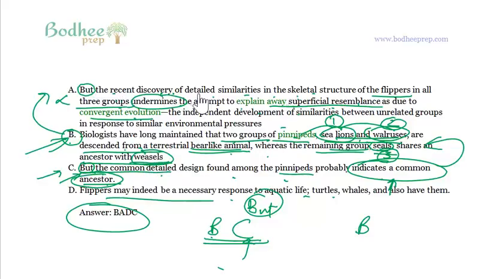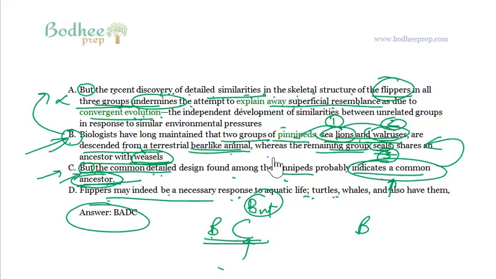But the recent discovery of detailed similarities in the skeletal structure of the flippers in all three groups undermines the attempt to explain away superficial resemblances as due to convergent evolution. It says here, flippers may indeed be a necessary response to aquatic life. Turtles, whales also have them. But the common detailed design found among the pinnipeds probably indicates a common ancestor.